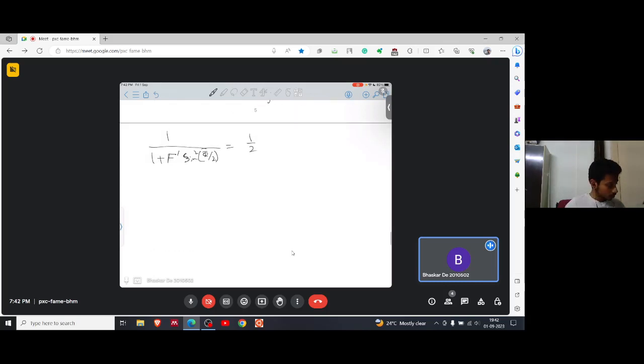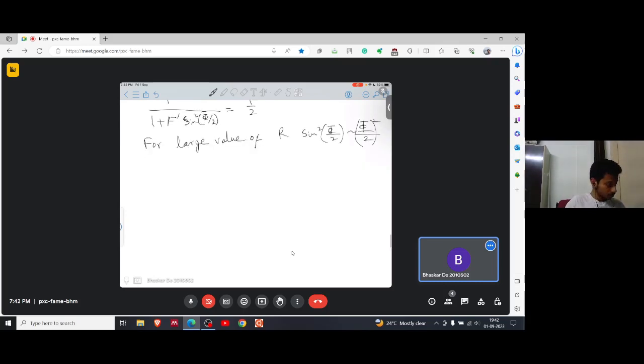Now for large value of r we can write sine square phi by 2 as phi by 2 square.